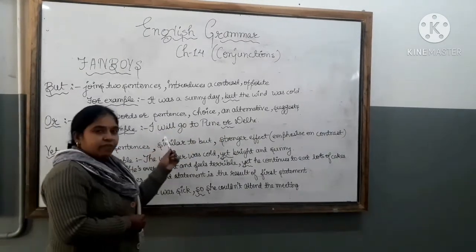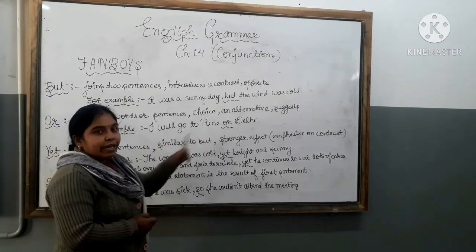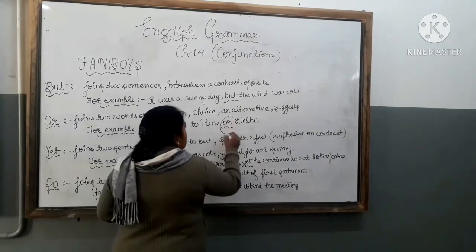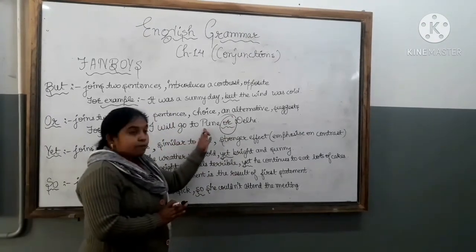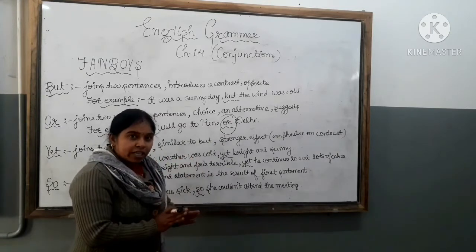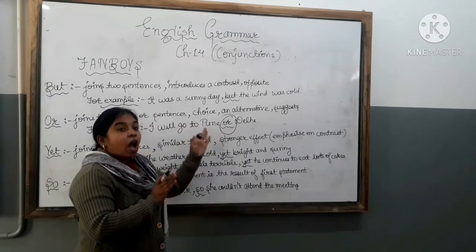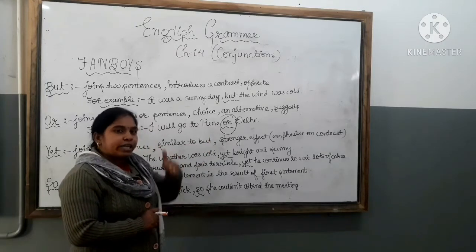Here we have an example. I will go to Pune or Delhi. Here when we use or, it means we have a choice: either I will go to this place or that place. So when we have a choice, suggestion and alternative choices, that time we use or conjunction.